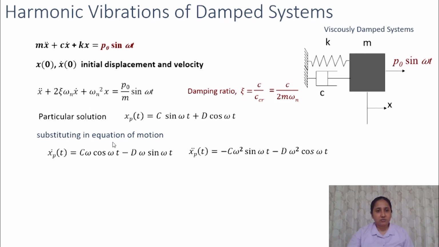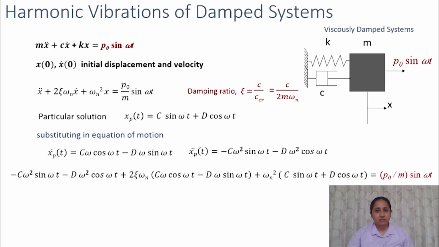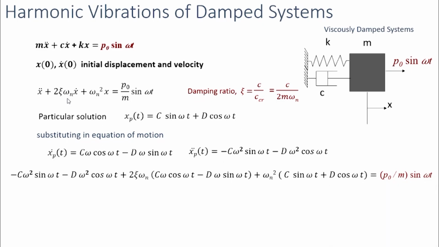If you do that substitution, we will get this expression. First we have x double dot, so the first two terms will represent this acceleration, and 2 zeta omega n multiplied by the expression for velocity, then omega n square multiplied by the displacement terms. We have this expression which is equal to P0 by m sin omega t, which is the force.